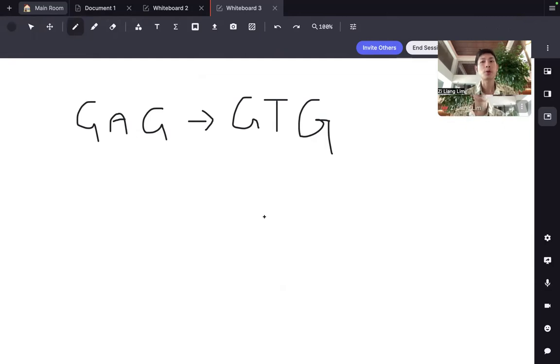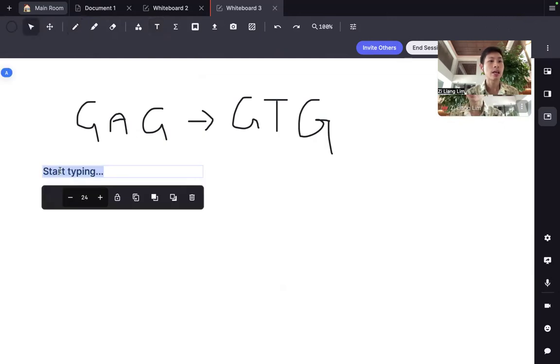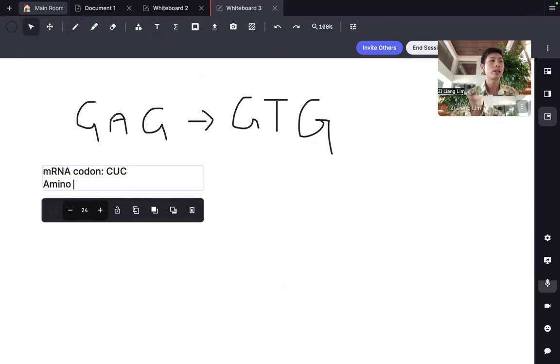All right. So you have looked at your table and we can go over this problem. Okay, let's label GAG as the mRNA codon CUC, and the amino acid would be glutamic acid, that would be GLU.